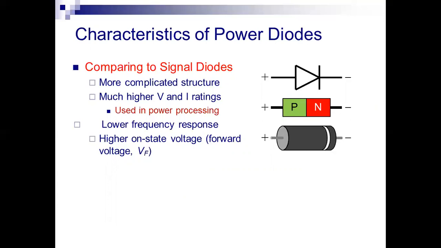Therefore, that is how they get turned on, and there is also the turn off procedure. But if you consider the power diodes, there is no controlling part. We only have the anode and the cathode. Therefore, it has a low frequency response, but it also has a complicated structure.